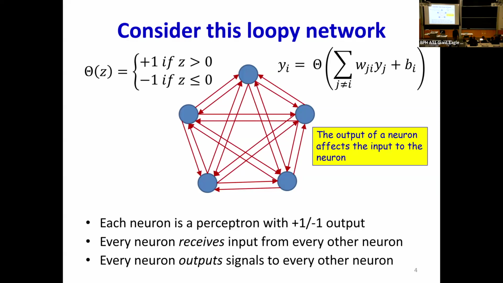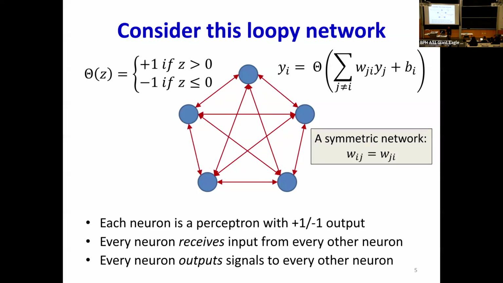Now, for the purpose of illustration, and also because that's how Hopfield nets were originally defined, we're going to assume binary activation. Each neuron compares its input to a threshold, and the outputs are either plus or minus 1, depending on whether the total weighted input, the affine input at the neuron, exceeds or falls below the threshold.